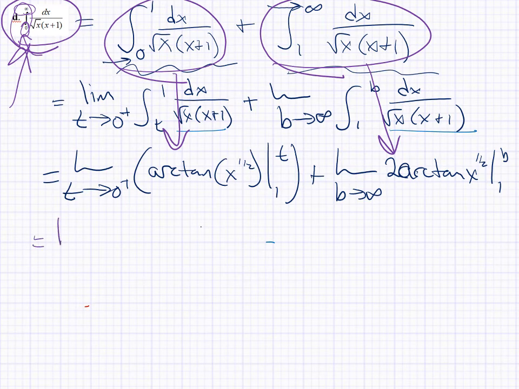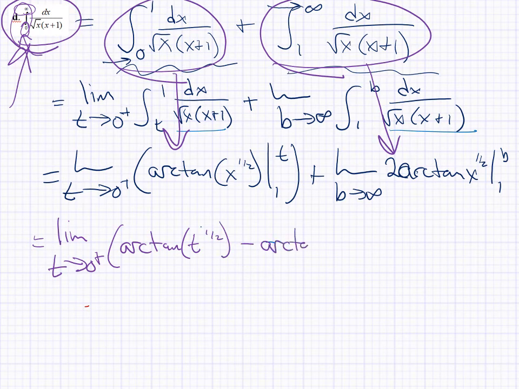For the first one, we get the limit as t goes to 0 from the right of arctan of t to the 1/2 minus arctan of 1 to the 1/2, so just 1. We already said we know that's pi/4. Okay, so I just have to figure out what happens as t goes to 0 here, plus this other one, the limit as b goes to infinity of 2.